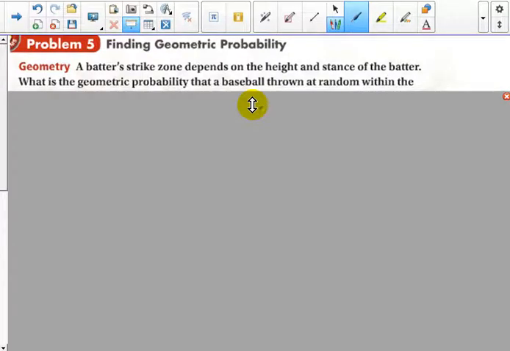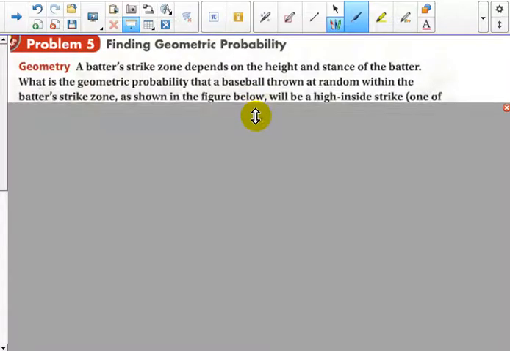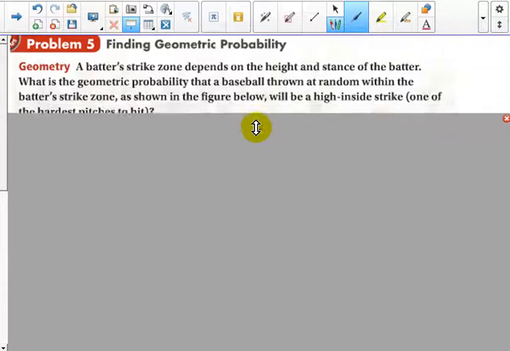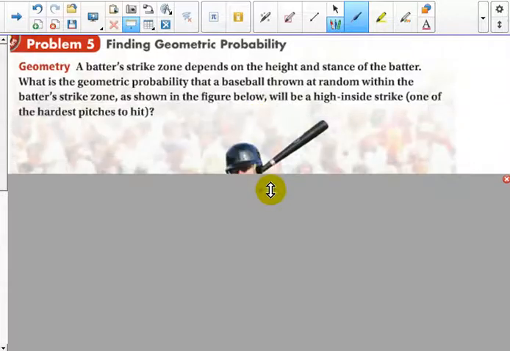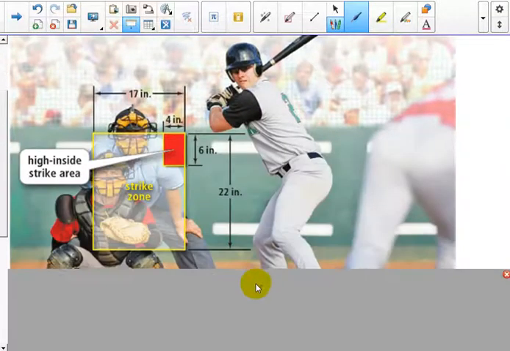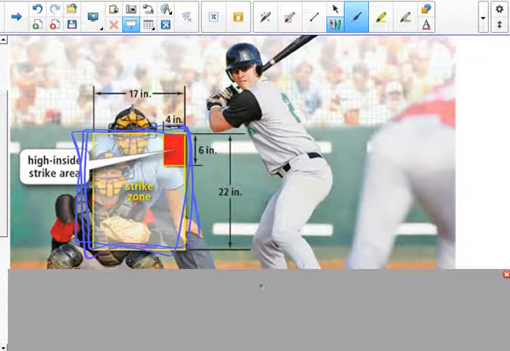What is the geometric probability that a baseball thrown at random within the batter strike zone, as shown in the figure below, will be a high inside strike, which is one of the hardest pitches to hit? So lots of words, but they're saying here in this yellow box is the strike zone. Here's the sweet spot right up there, that little red box in the corner that I scribbled over. What's the chance that in this strike zone he will hit that little red box?